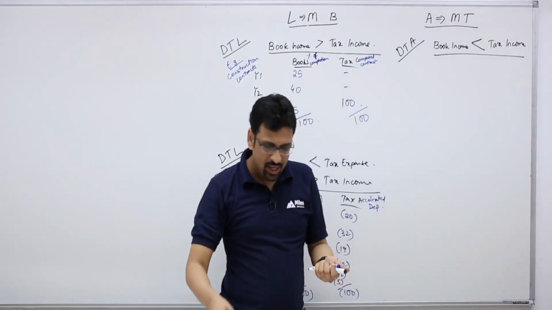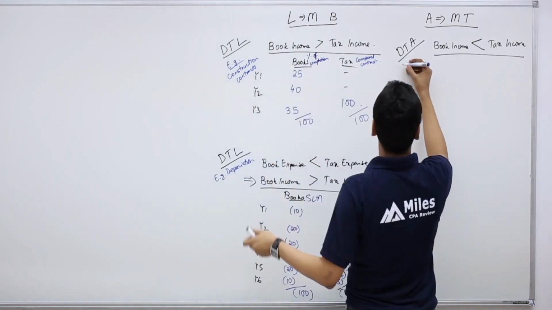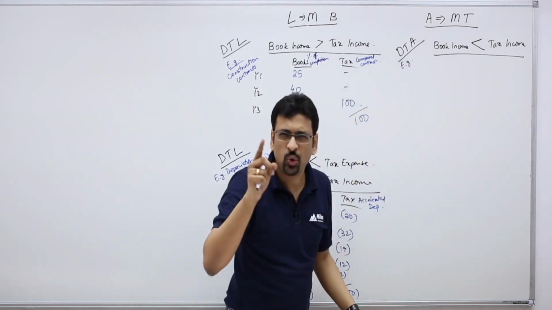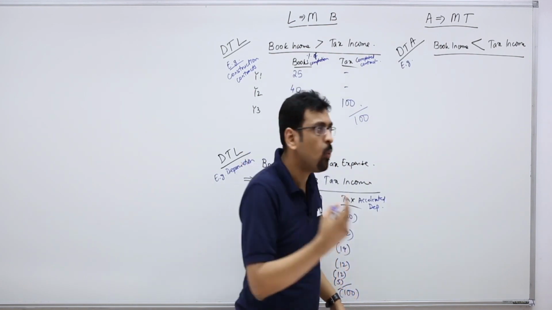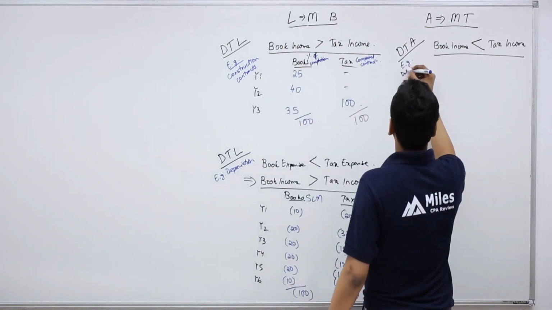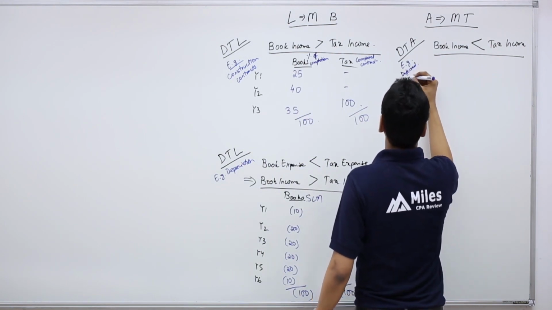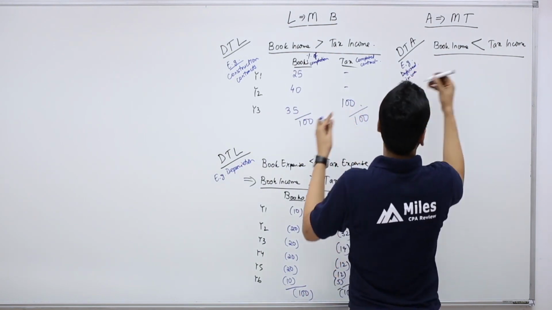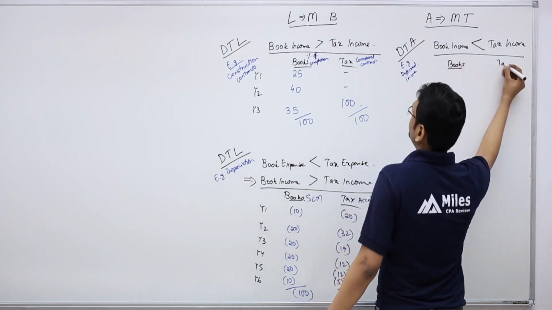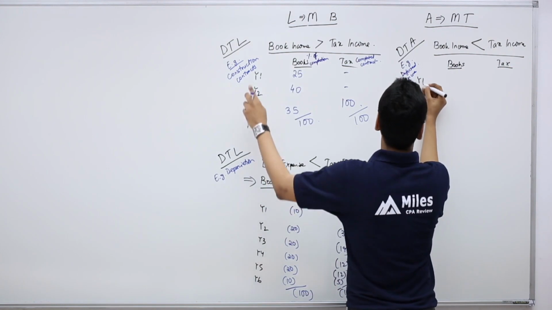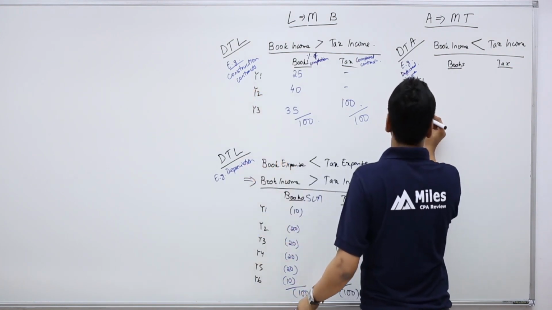Now I'll give you an example for deferred revenue. Deferred revenue, deferrals, the matching concept. Remember something we learned way back, FAR 1. So I'm going to talk about your books and your tax returns. Let's say year 1, year 2, year 3.